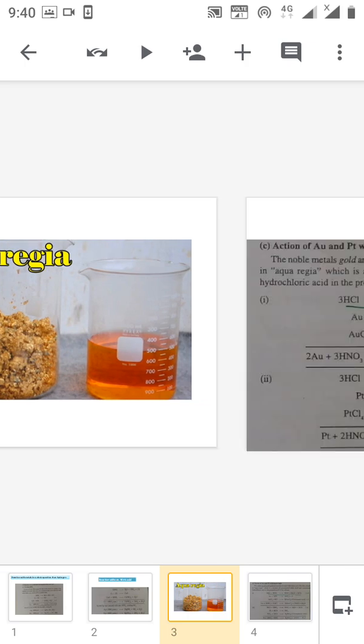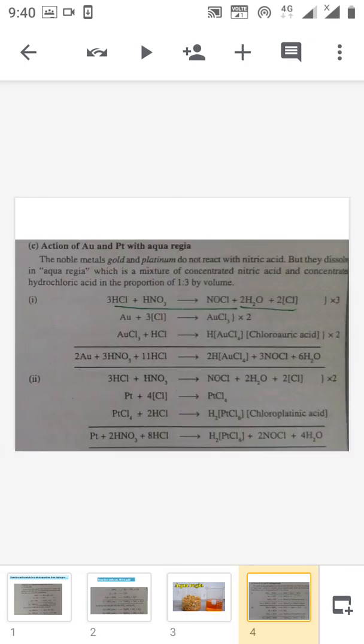Now we are moving into the equation of the reaction of gold and platinum with aqua regia. As we discussed earlier, aqua regia is a mixture of hydrochloric acid and nitric acid. When we mix them together, we get NOCl plus H2O and chlorine in the atomic state.